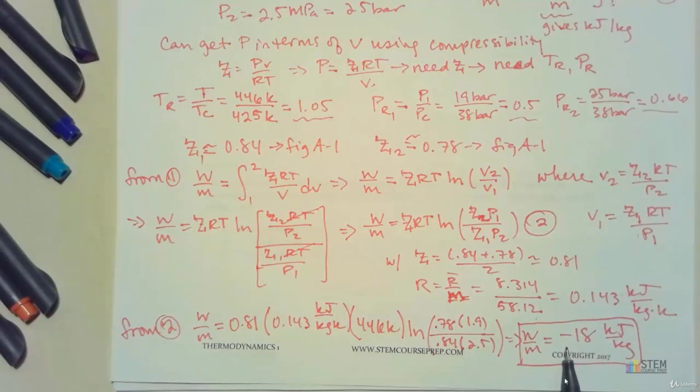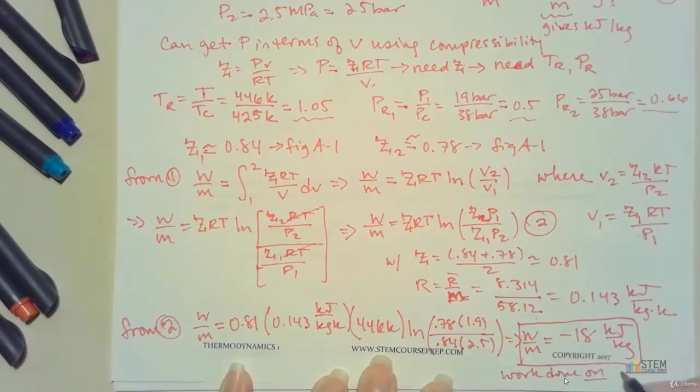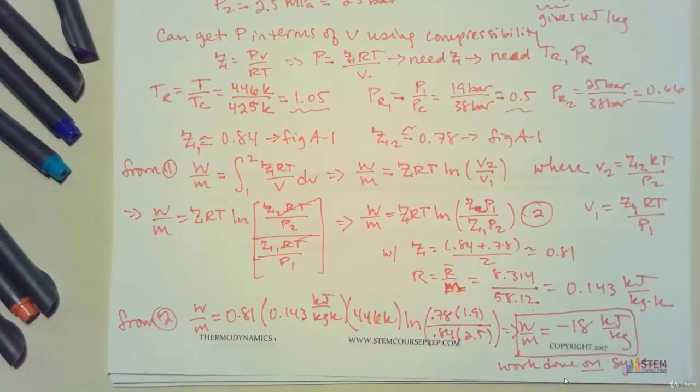Now remember, always look at your sign. This is negative, so that means work is being done on the system. So there's some sort of external energy supply. Okay, got energy transfer to the system through work.